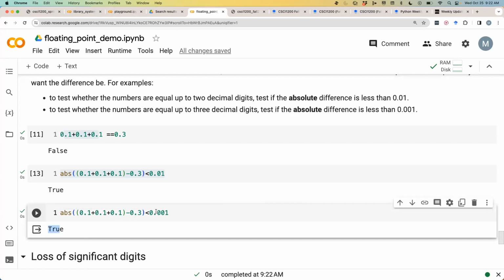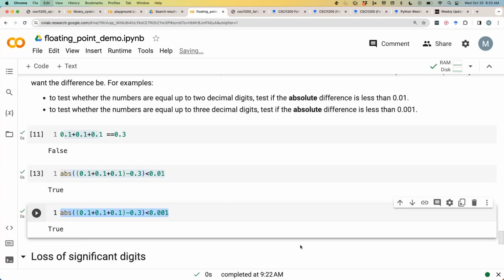You can control the value of epsilon based on how much gap or how much error that you can tolerate. So if this is true, it means you can tolerate errors up to 3 decimal points.